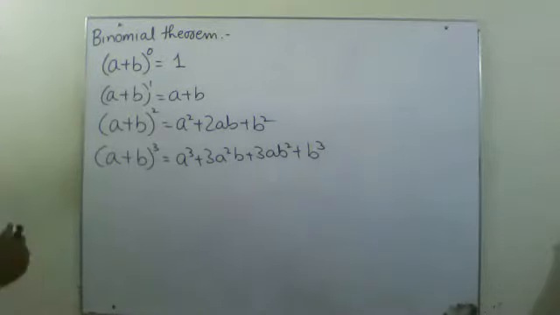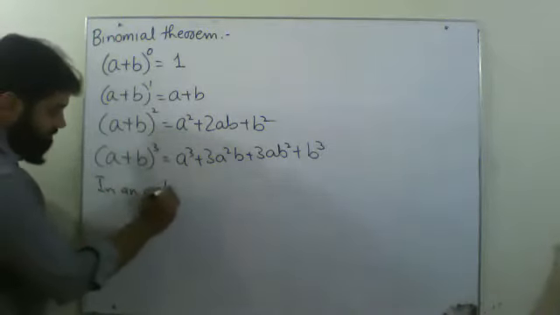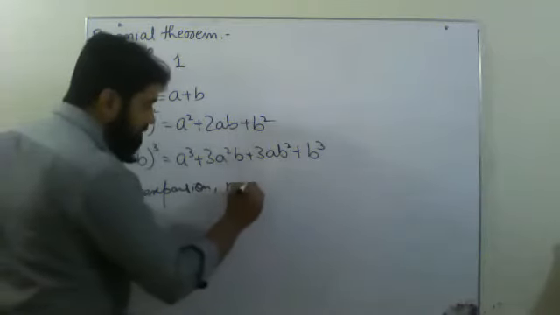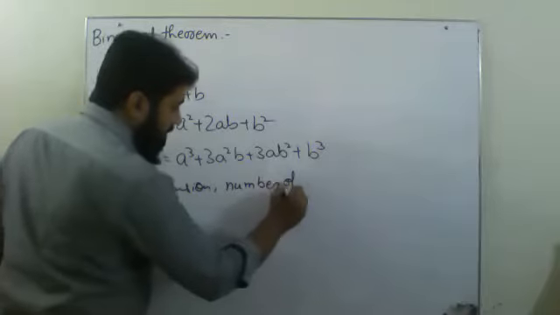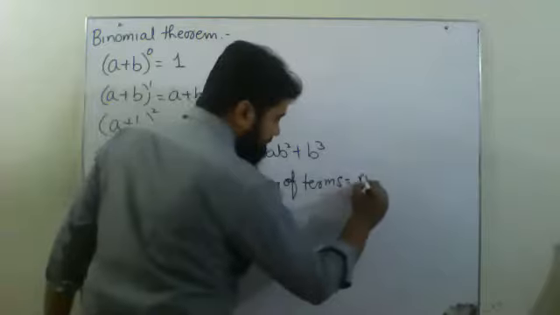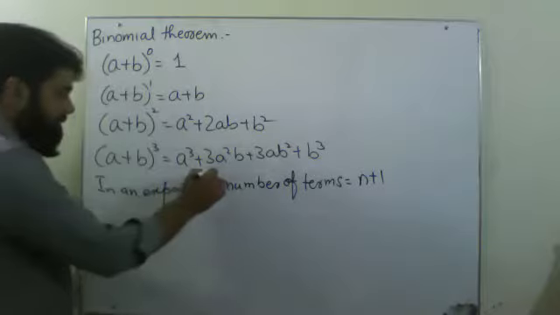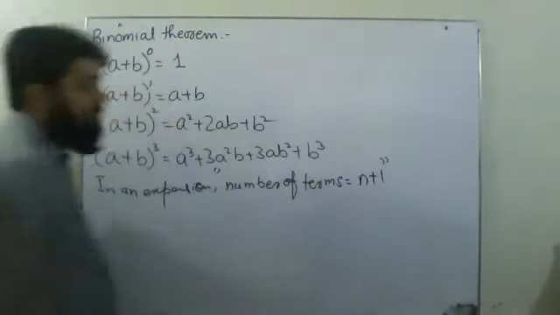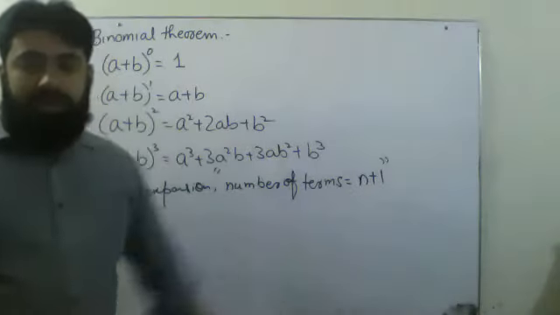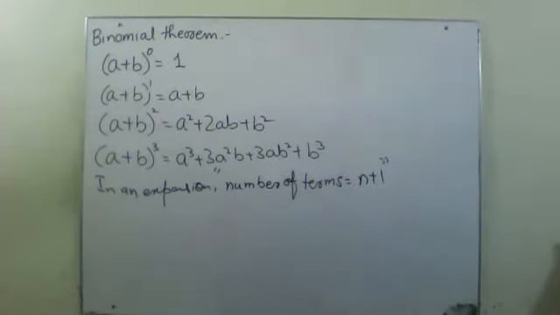So it means in an expansion, the number of terms will be equal to n plus 1. The number of terms we get after expansion will always be equal to n plus 1. That is the first thing I am giving you here.